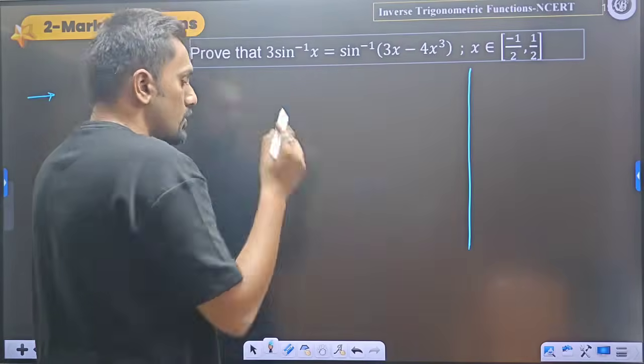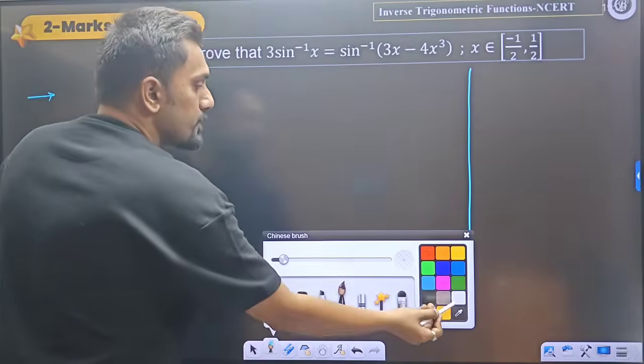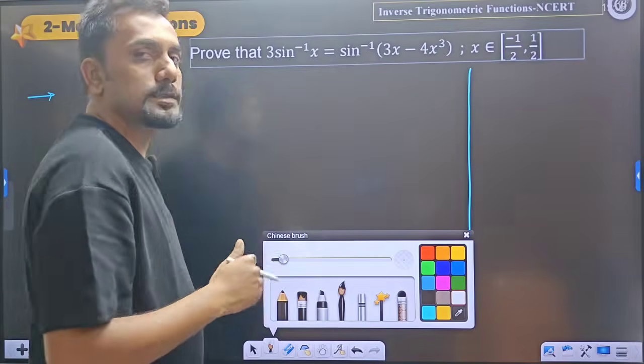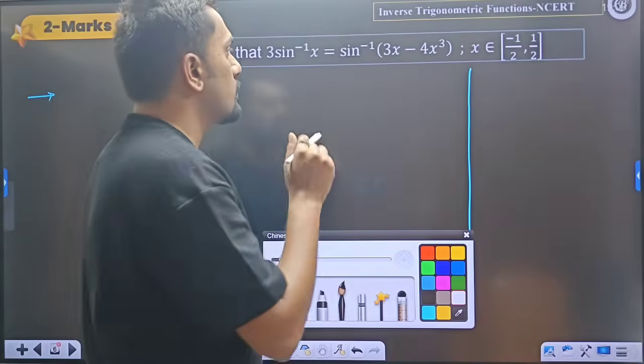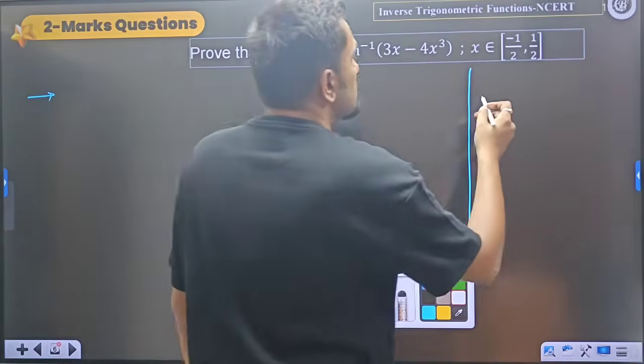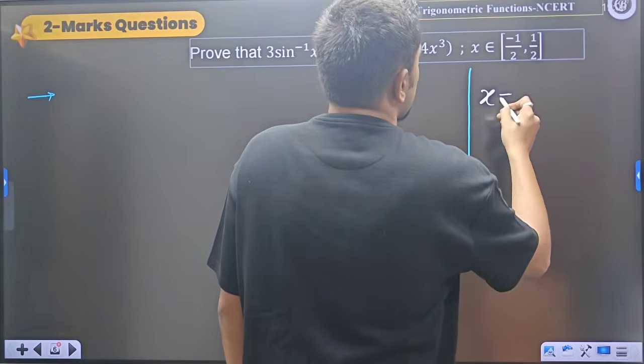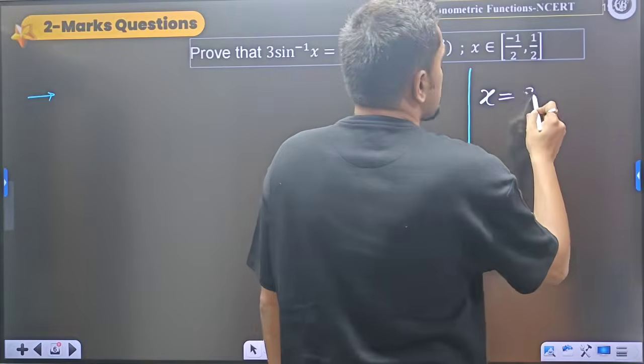Once we see this, we know that 3 sin theta minus 4 sin cube theta is equals to sin 3 theta. So for that what I will do is, we will use x as sin theta.